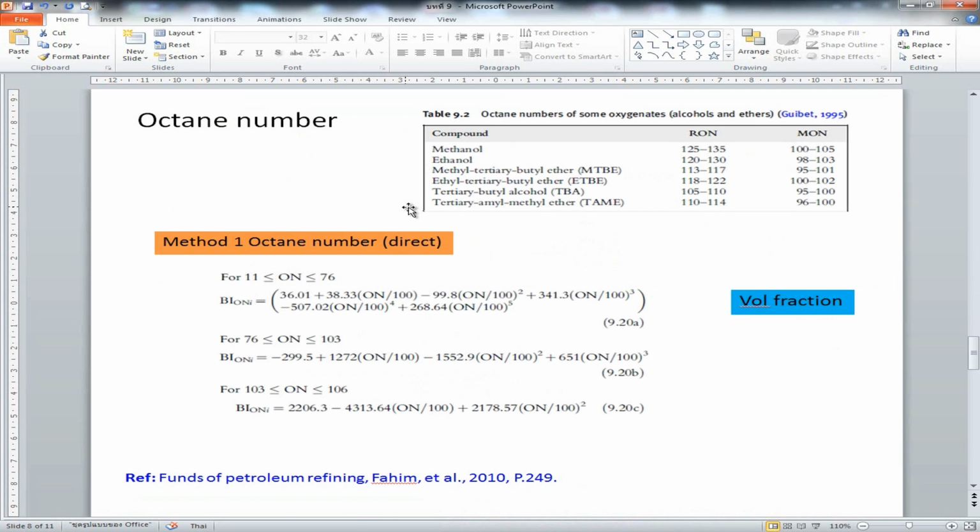So in this case, we have to use equation 9.20a to calculate the blending index, because the octane number falls in this range. After that, we do the summation based on the volume fraction.